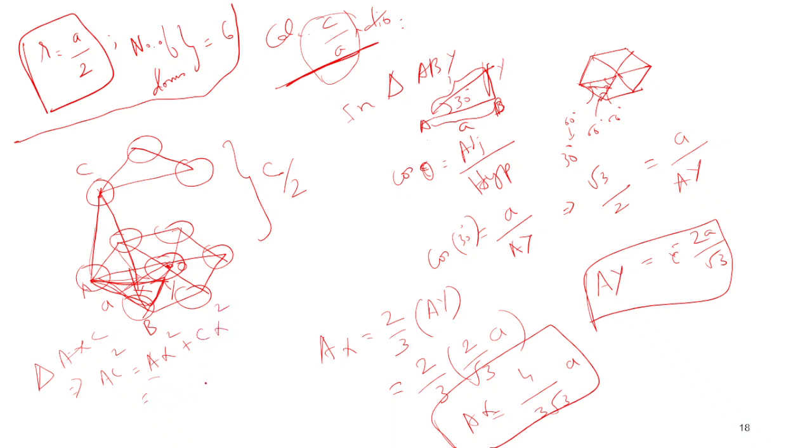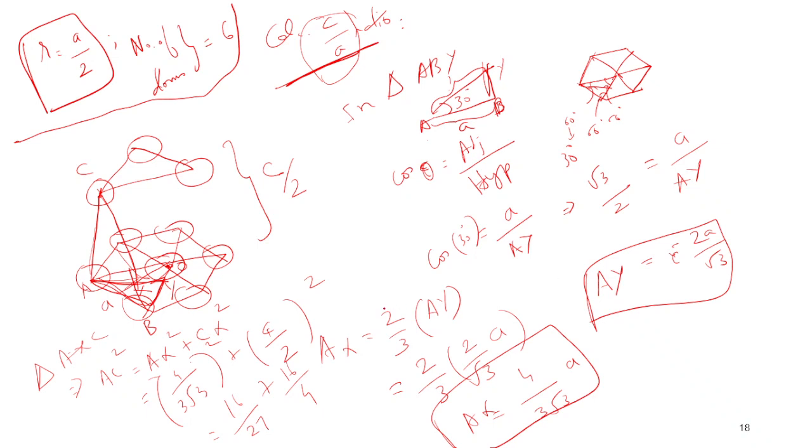What is AX square? 4 by 3 root 3 whole square plus CX square. Did you find CX square? C by 2 whole square. So we get 4 4s are 16 by 9 into 3, 27, plus 16 by 4. It's getting a little complicated.